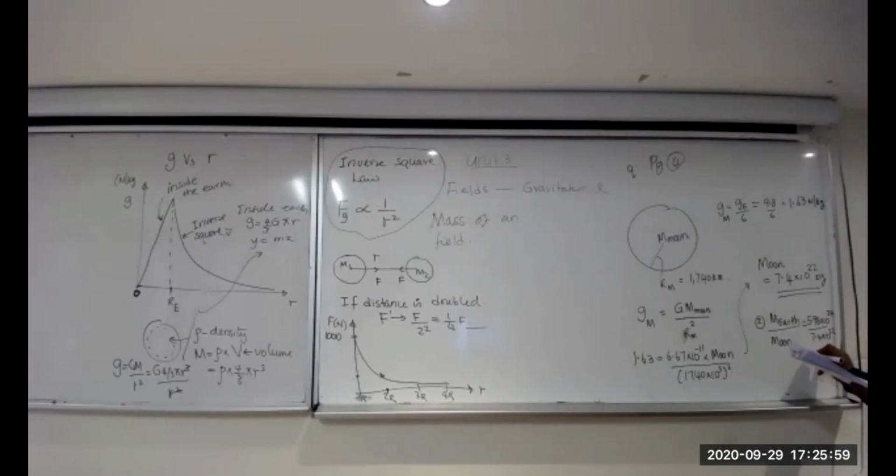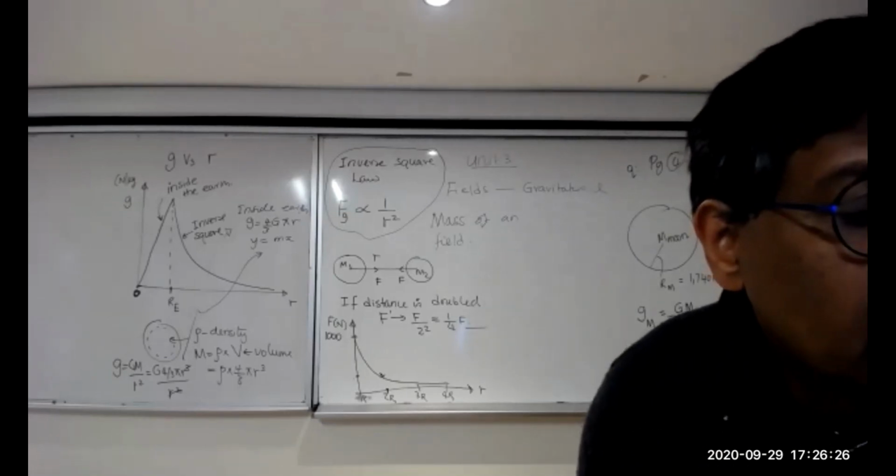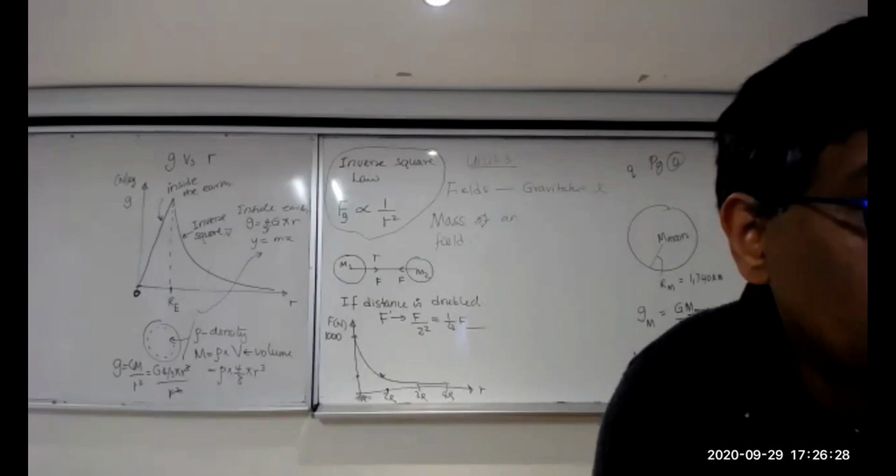When you look at the ratio, it's about 81 times bigger. The Earth is 81 times bigger.